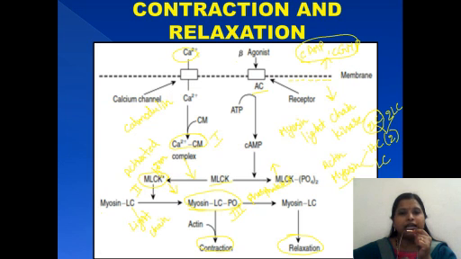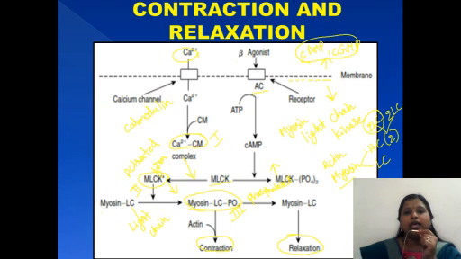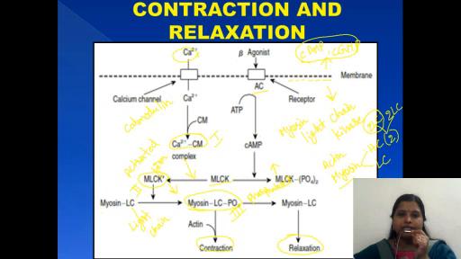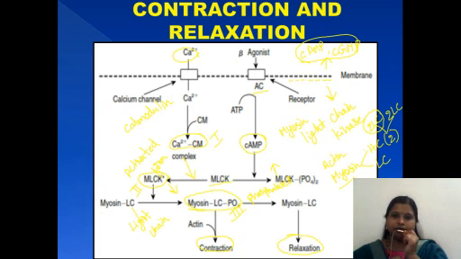Hence, the MLCK activated form is not available to phosphorylate the myosin light chain. There will not be any contraction. So, in this way, cyclic AMP is helping in the vasodilation here. So, this is the role of the cyclic AMP in vasodilation. Hope you all understood this one.